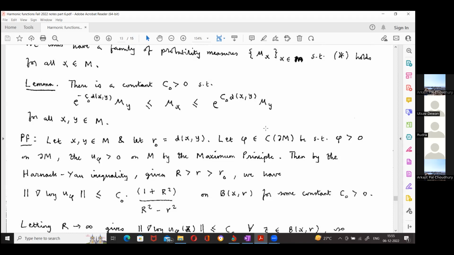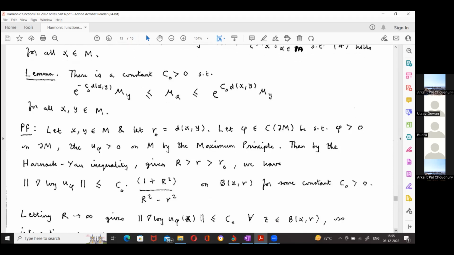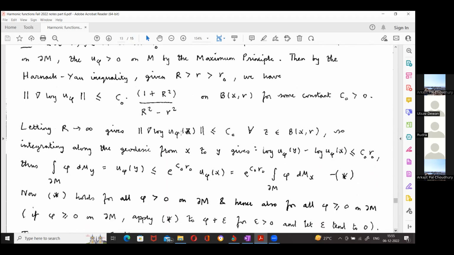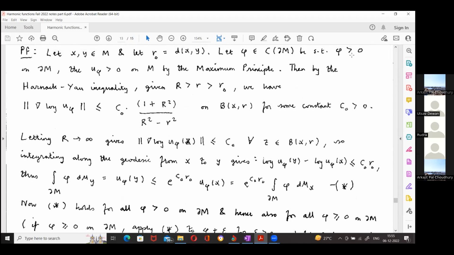So we just need to estimate non-negative harmonic functions at x and y, and that we know how to do, right? By the Harnack-Yau inequality, we get that if phi is a positive function, then the harmonic extension u phi is positive by the maximum principle.